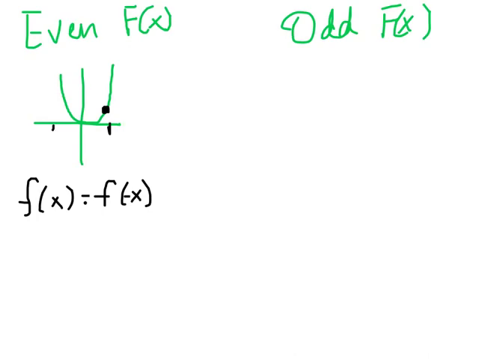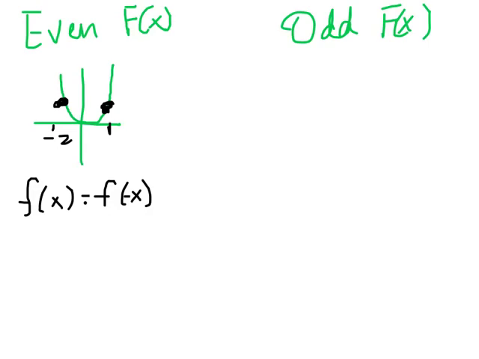If I have negative 2 over here, doesn't it have the same y value? I drew a very sloppy graph, but in theory it would if it were drawn neatly. So even though I have a positive x, when I stick a negative on it, it still has the same y value. That's what it means to be an even function.